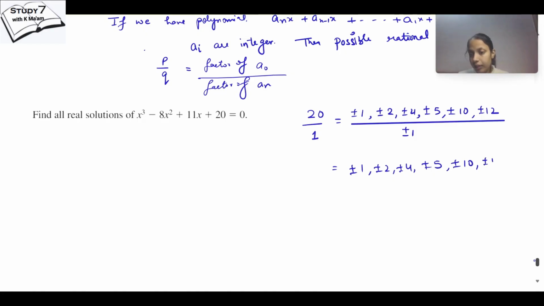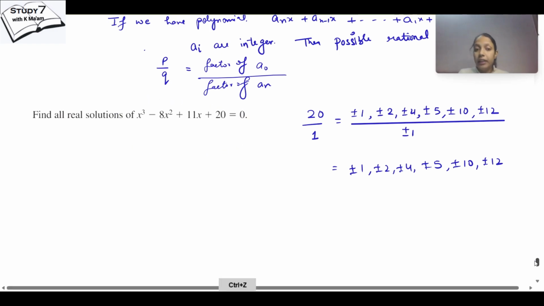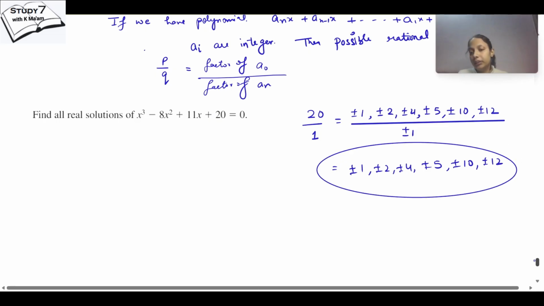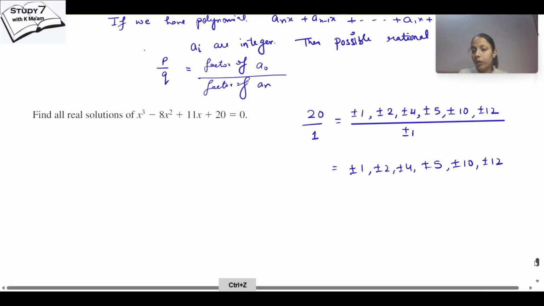Now, if this polynomial has a rational root, it only belongs to these numbers. You can check it one by one. If I choose 1, I am using synthetic division.